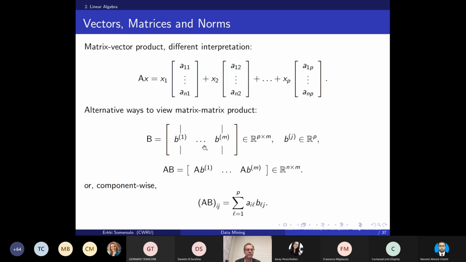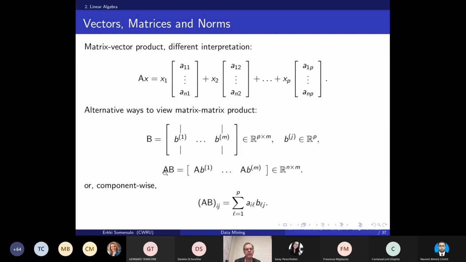We can also define a matrix product provided that those matrices have compatible sizes. Let's take a matrix B whose columns are B1, etc., Bm. These lines here indicate that we are talking about column vectors B1, etc., Bm. They are column vectors of length p.